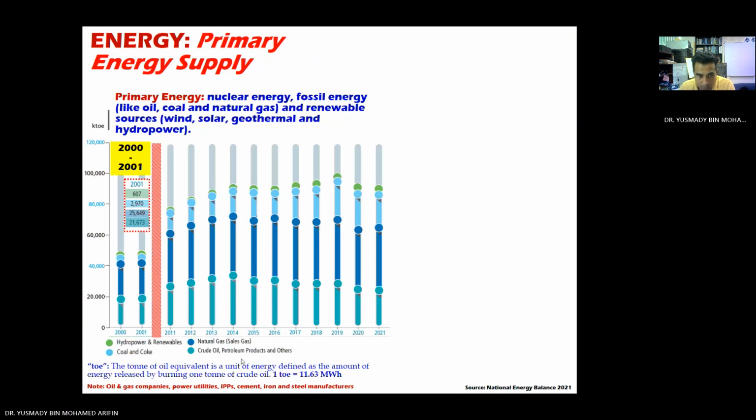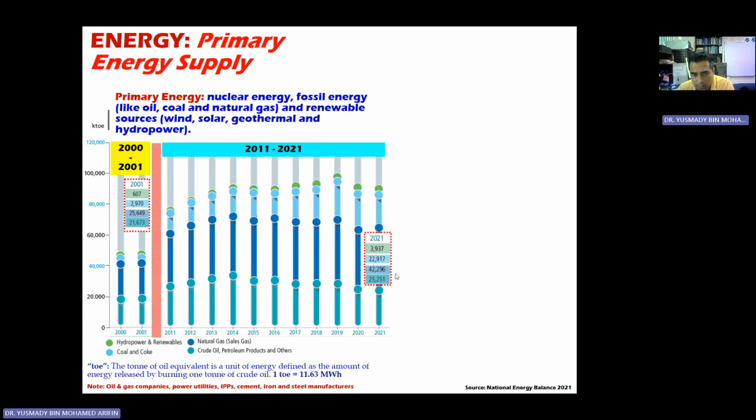However, after 2015 up to 2021, we can say that the energy supply for all types of energy sources slightly decreased. Okay.